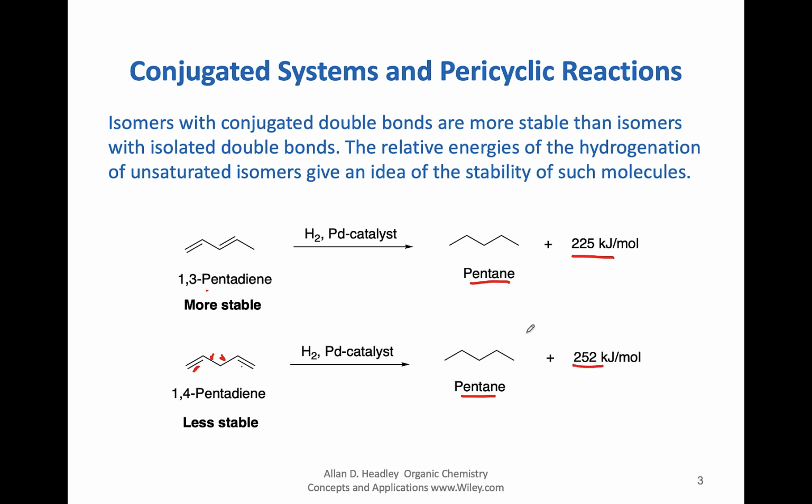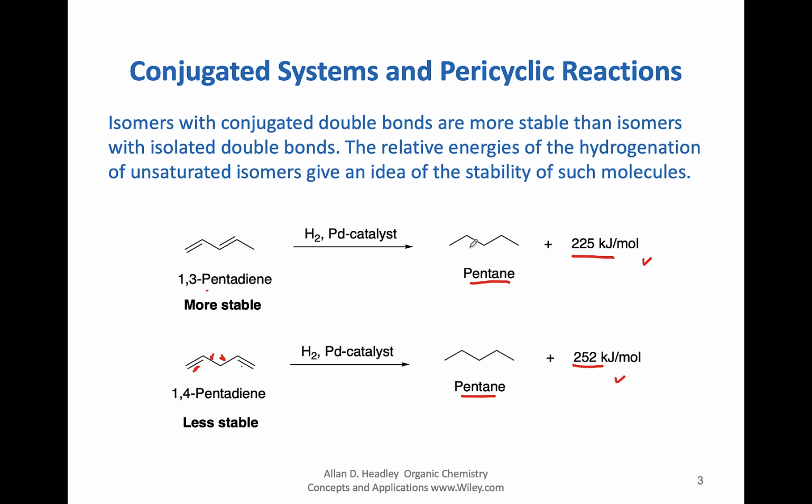But you'll notice, however, that we have more heat given off here than here. So more heat is given off for the system that's not conjugated, and less heat is given off for the system that is conjugated.